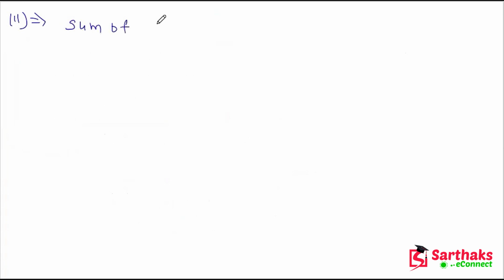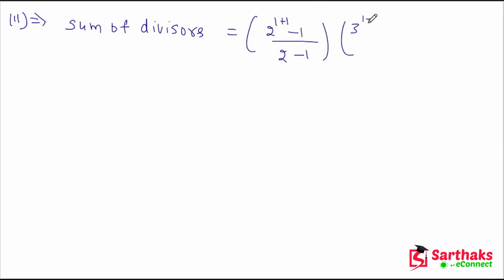We use the direct formula: 2 raised to power 1 plus 1 minus 1 divided by 2 minus 1, again 3 raised to power 1 plus 1 minus 1 divided by 3 minus 1, and 5 raised to power 1 plus 1 minus 1 divided by 5 minus 1.